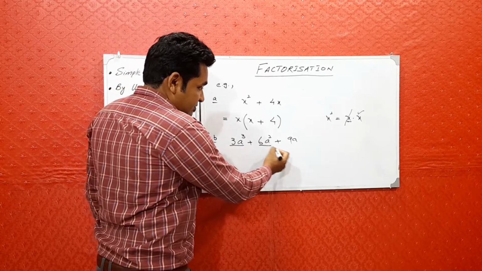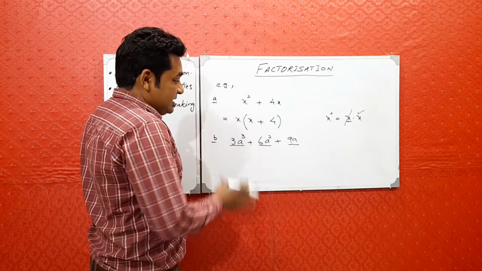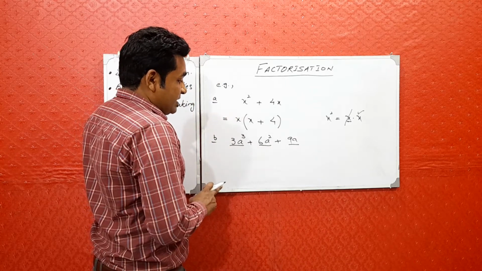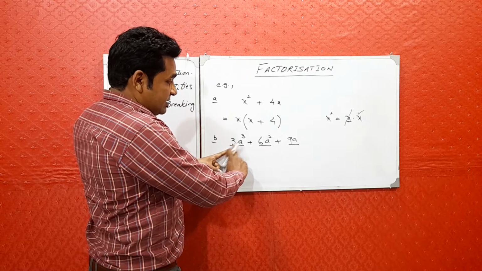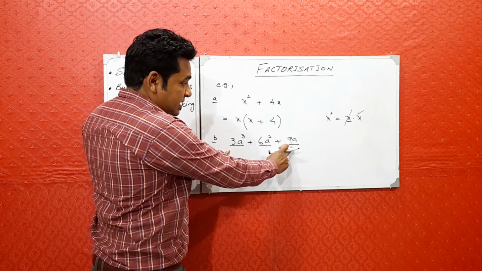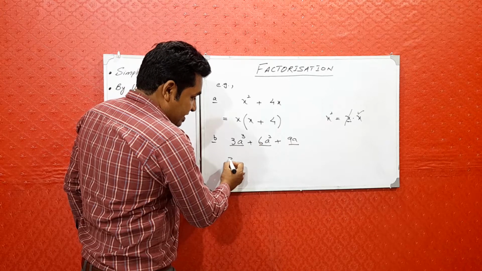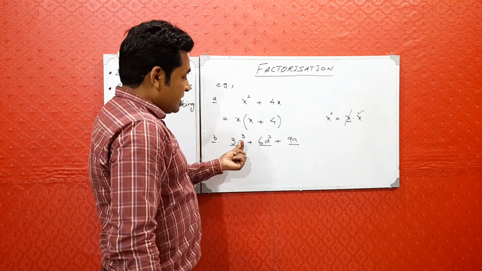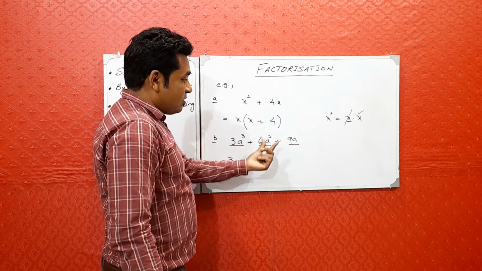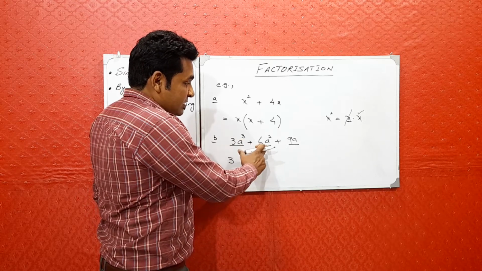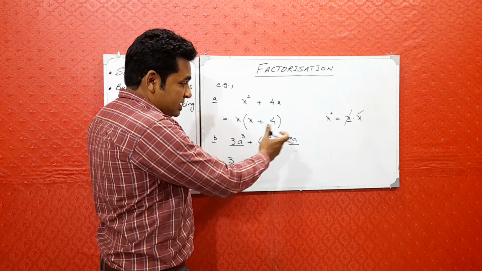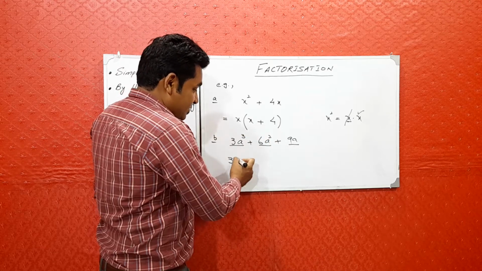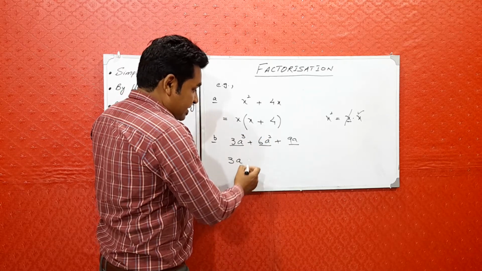In these three terms we find that 3 is common, first of all, because you know that 3 ones are 3, 3 twos are 6, 3 threes are 9. So it means 3 is taken common. Then you can see that a is common. This is a cubed, a squared and a. So all these terms have a, so a is also common here.